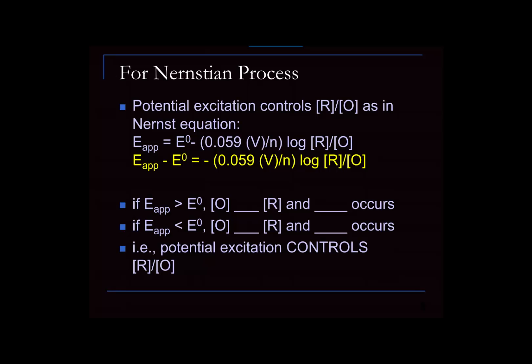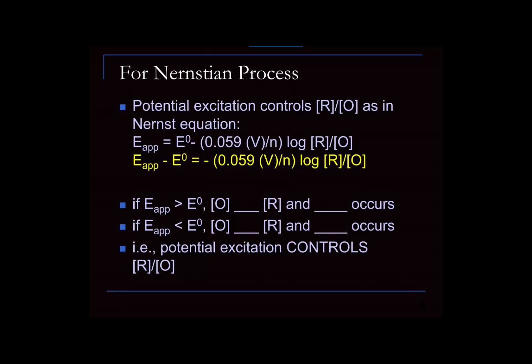And for that log ratio to be negative, it means that R has to be a lot smaller than O. And if R has to be a lot smaller than O, it means current must have flowed in order to oxidize the material. So oxidation is occurring.